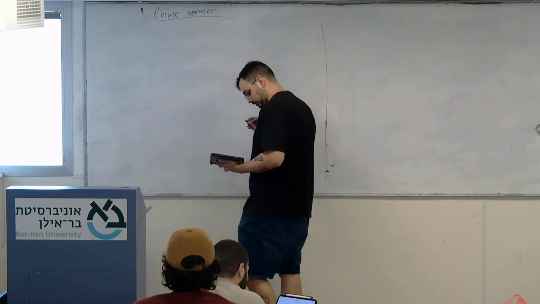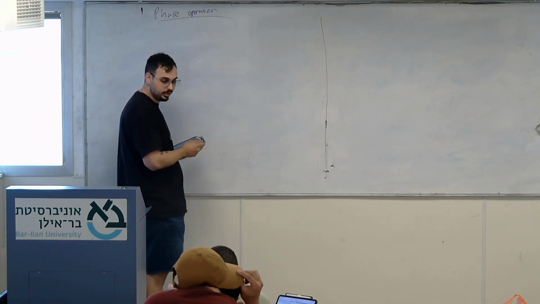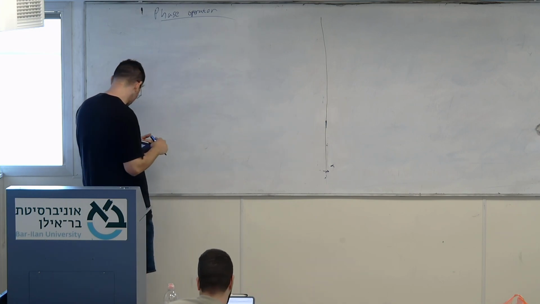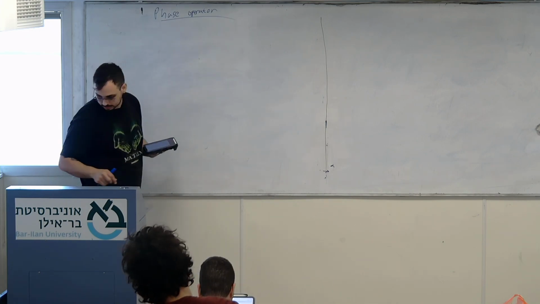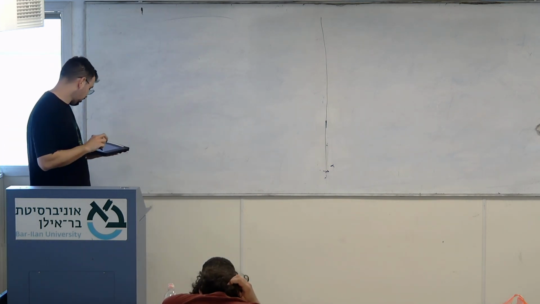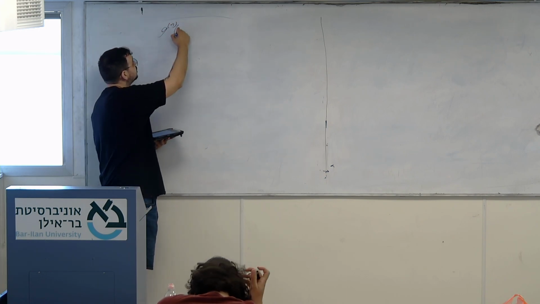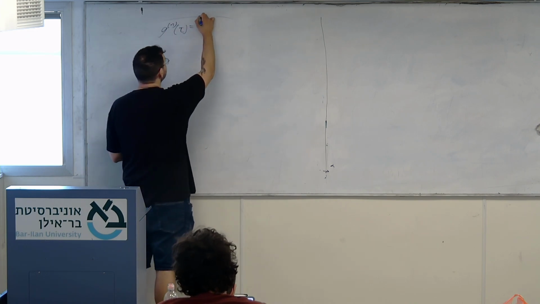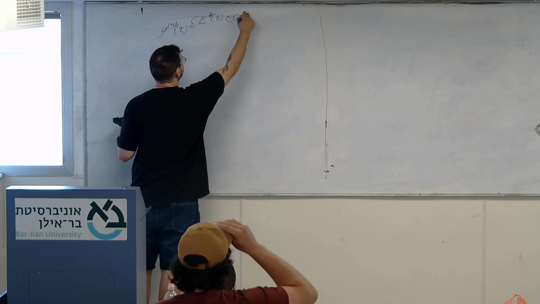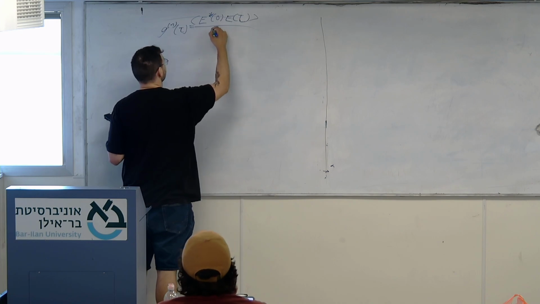Alright, so we saw 2 tutorials ago, maybe 3 tutorials ago, I don't know, something that we can define for a classical field. We can define for a classical field a coherence function g1 of tau equal to the average of E conjugate of t times E of t plus tau, divided by the average of E conjugate E. You might have a t here if the field is not stationary.